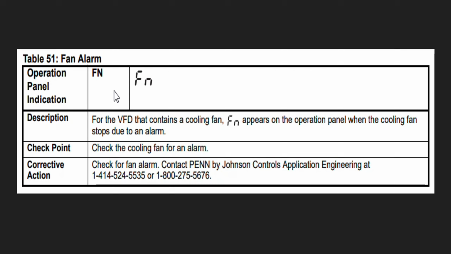If the fan is faulty, then the VFD will get an alarm of the fan. In that case you need to repair the VFD, and if there is no such feedback, you just have to maintain the temperature. If you are not in an immediate situation to repair the fan, you can use one external fan, which will give proper cooling to the VFD. By this we can resolve this alarm.